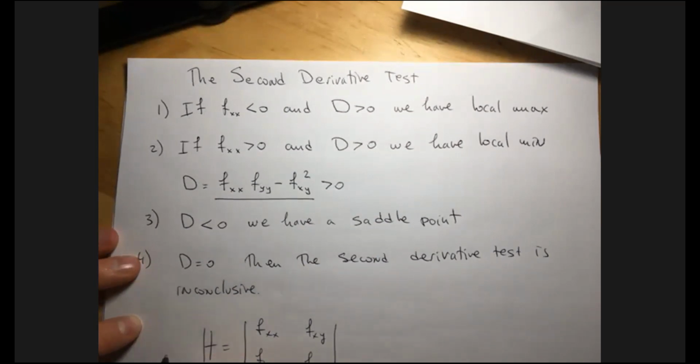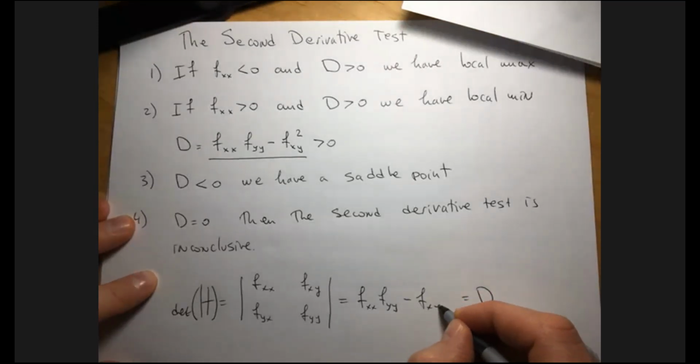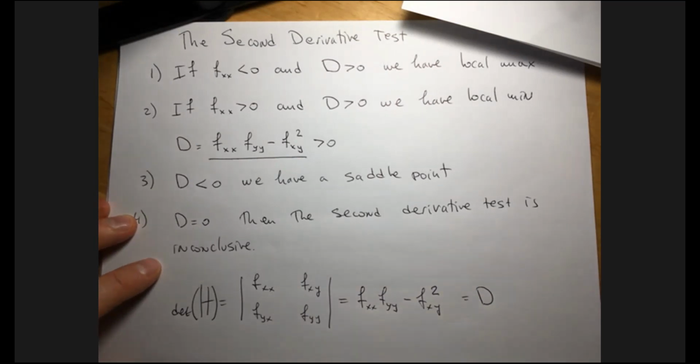The determinant of this matrix is called the discriminant, denoted by D in our case. So f double x, f double y minus f xy, because these are the same by Clairaut's theorem, squared. Okay, any questions?